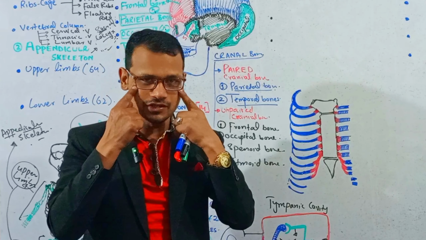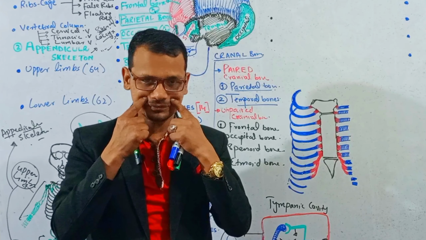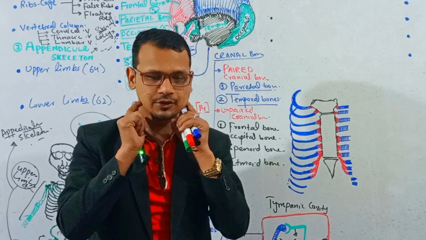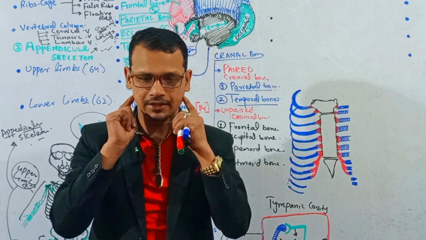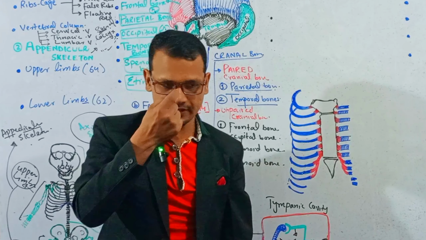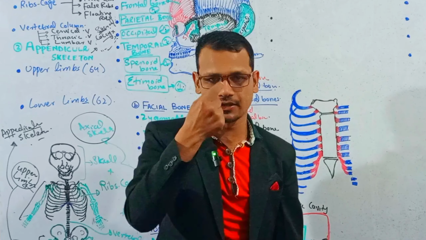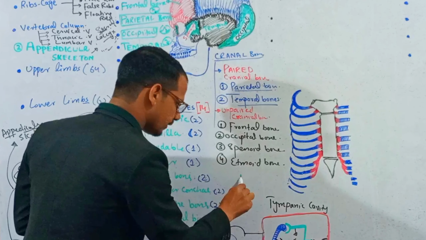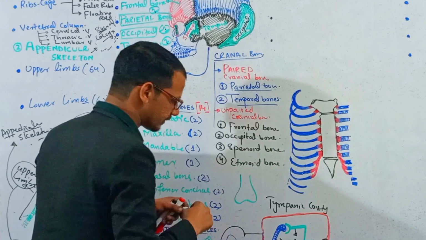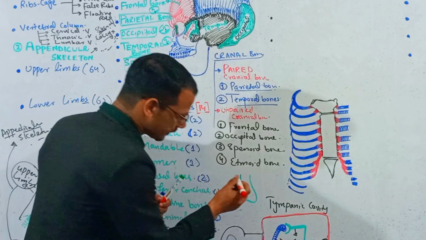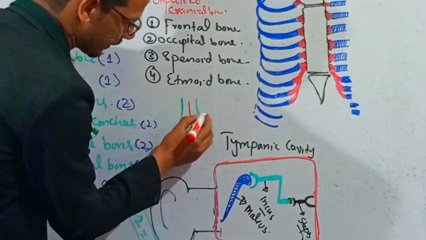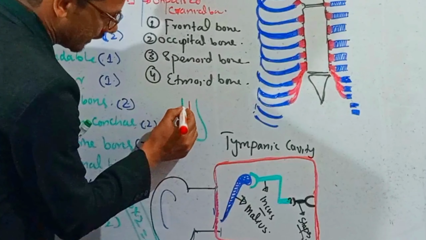In the face we have, these are zygomatic bones, these are maxilla, this is mandible, which is the only movable bone in the face, and in the nose, the bone which divides the nose into two parts is called vomer. For example, if we have the nose here, the bone present here is called the vomer bone.